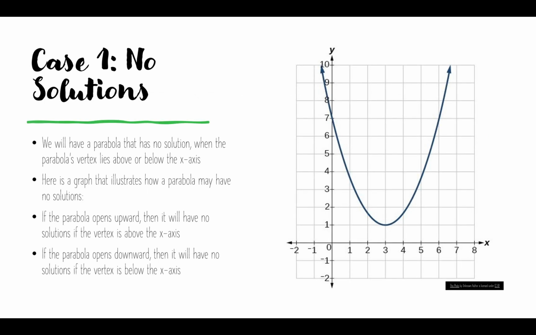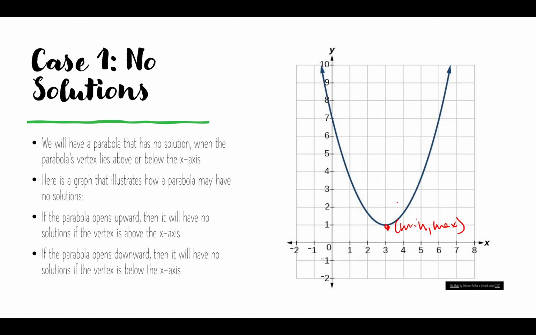So let's look at our first case, where a parabola will have no solutions. We will have a parabola that has no solution when the parabola's vertex, the minimum or maximum, lies above or below the x-axis.